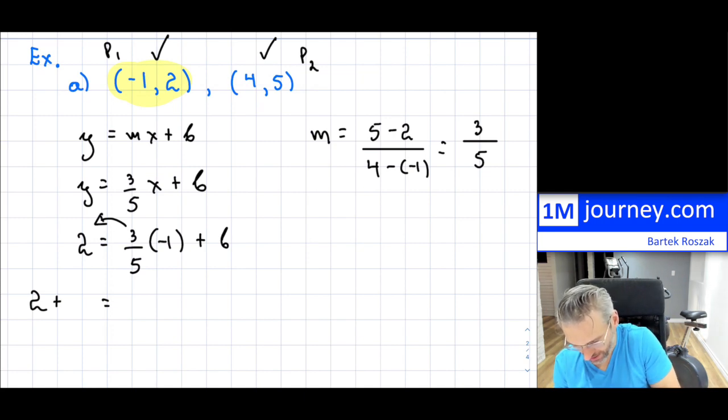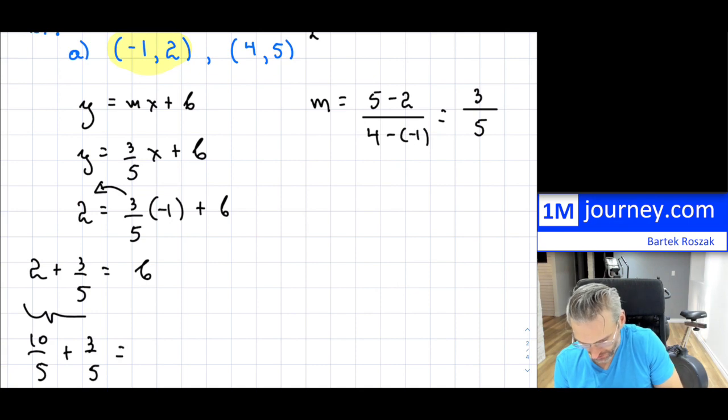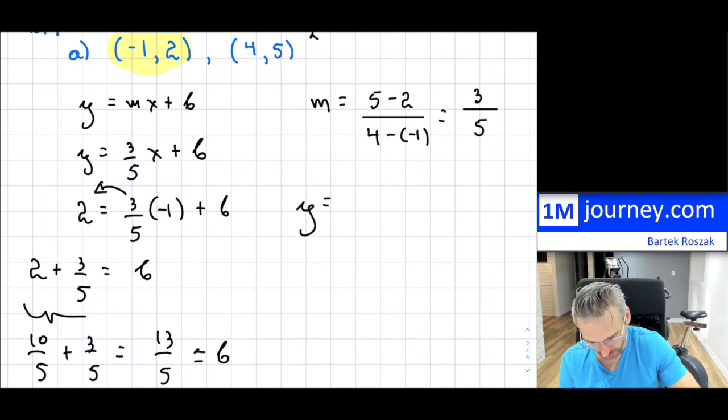That's going to be plus 3 over 5. And this is b. Now finding a common denominator, so 10 over 5 plus 3 over 5 is 13 over 5, which is equal to b. So here's our equation. Sorry, 13 over 5 is the y-intercept. So y is equal to 3 over 5 x plus 13 over 5.